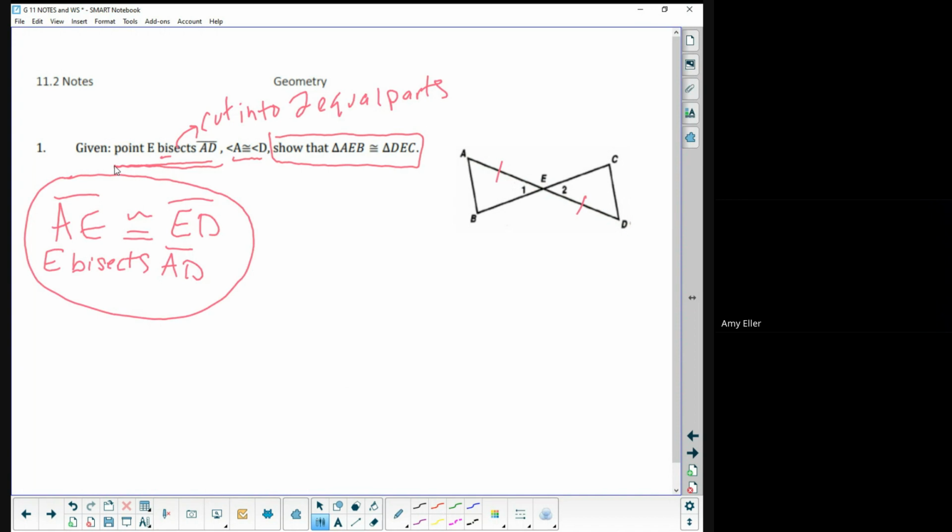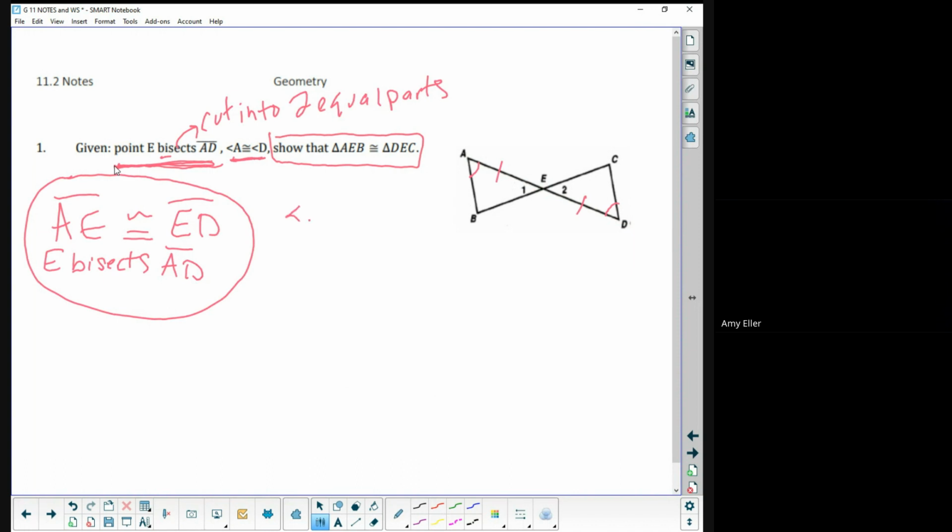The next thing I know, because I've gotten that taken care of, the next thing I know is angle A is congruent to angle D. So let's give those matching symbols. A and D, matching symbols. Usually for angles, we do a nice little matching arc. Now we need to put it in our writing.